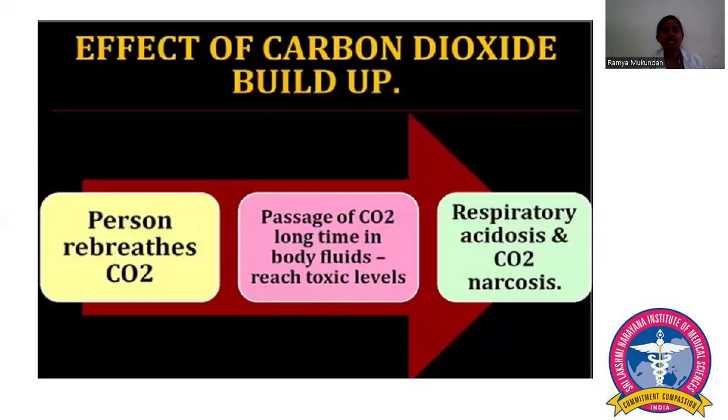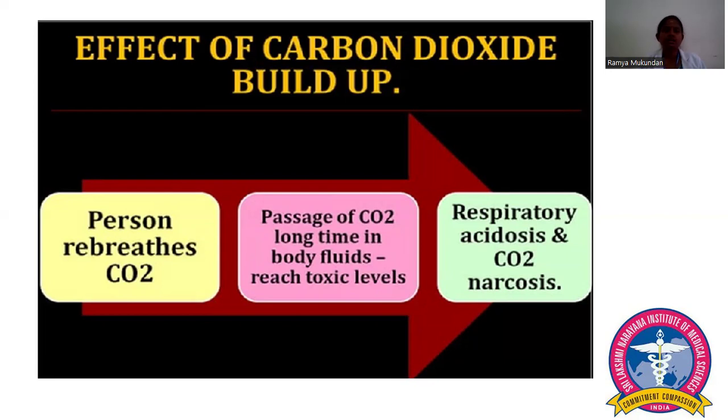Then we move on to the next. This is the effect of carbon dioxide buildup. This happens whenever there is some problem in the breathing apparatus. What happens? The carbon dioxide will be inhaled again and again into the respiratory system, into the body. There will be collection of carbon dioxide in the body. The partial pressure of carbon dioxide increases above the normal range.